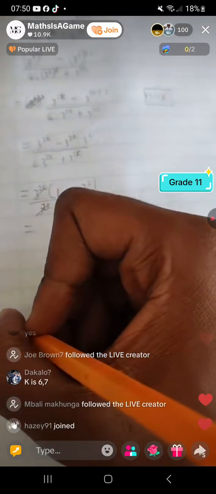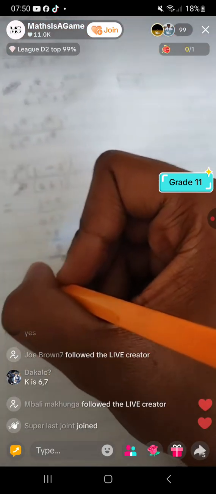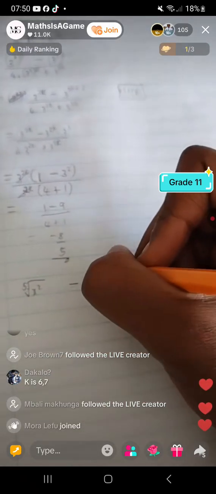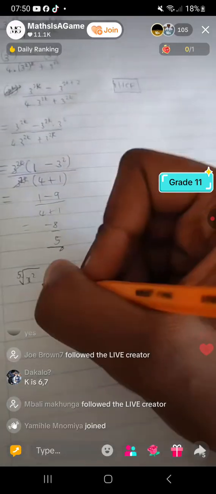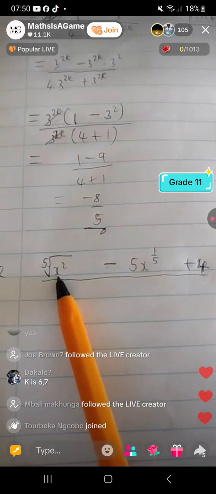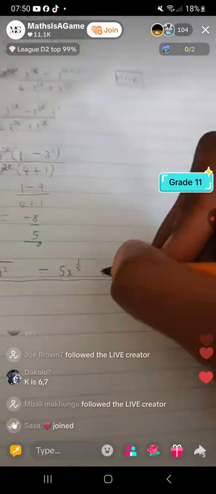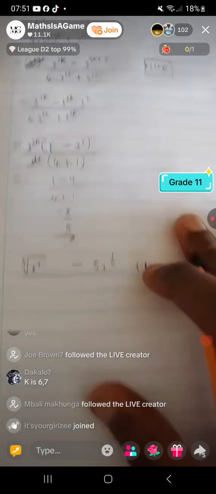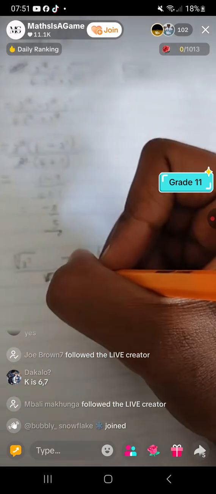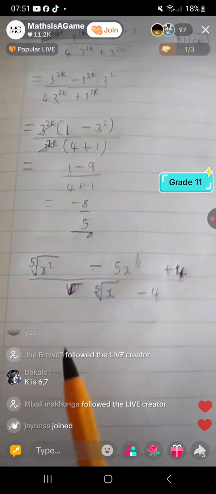Okay, let's do the next one. The fifth root of x squared minus 5x to the power 1 over 5 plus 4, all over the fifth root of x minus 4.